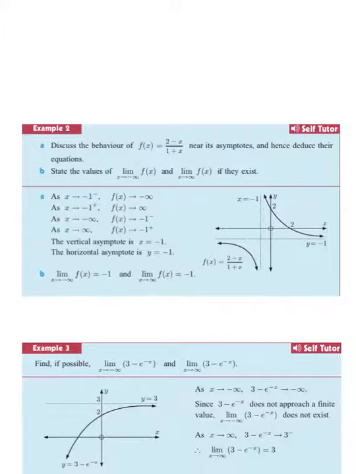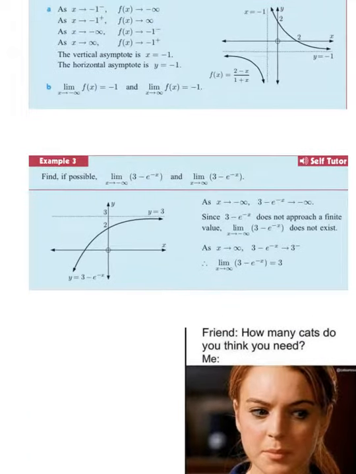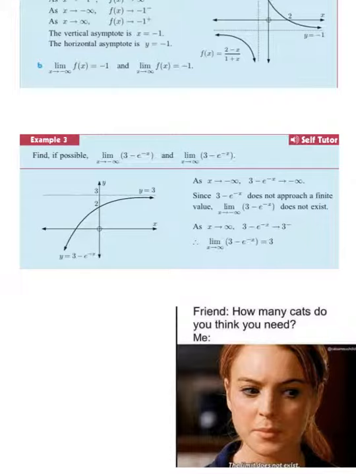Okay. Now, not every case is going to look like this. So let's look at this example. Find, if possible, the limit as x approaches negative infinity and the limit as x approaches positive infinity. So as x approaches negative infinity, so as we get smaller and smaller in our x values, what's our y approaching?